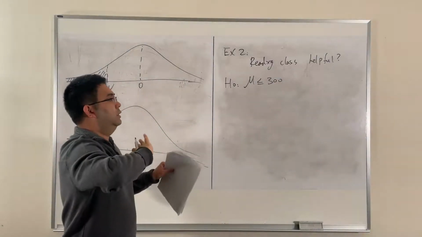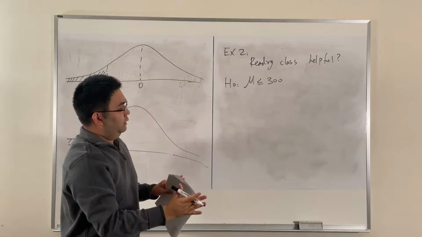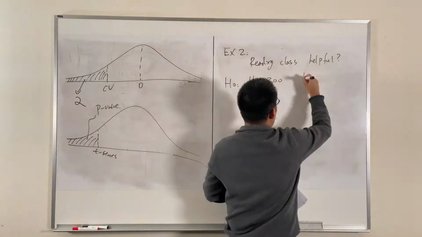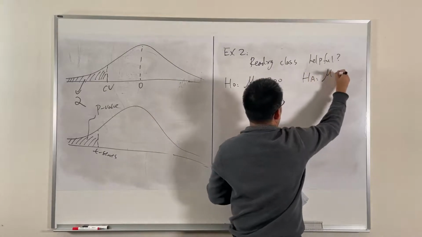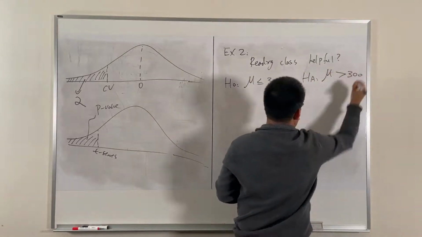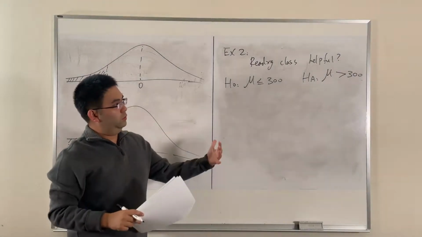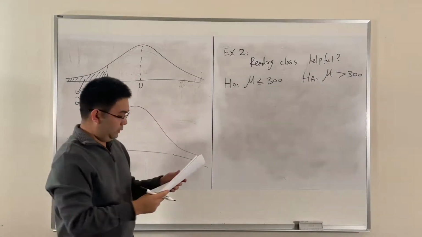So reading speed either stays at 300 or goes less than 300, so not helpful. The alternative is mu greater than 300, right? So this one is when it's helpful, so your reading speed goes up.